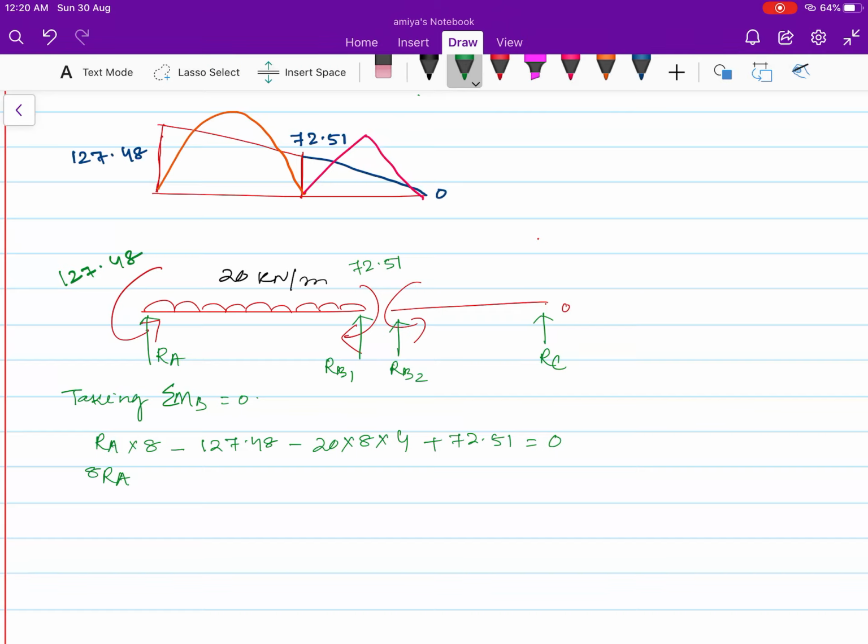So RA comes to 86.87 kilonewton. Now RB1 will be 20 into 8 due to the UDL, minus 86.87, that is 160 minus 86.87, which gives us 73.13.